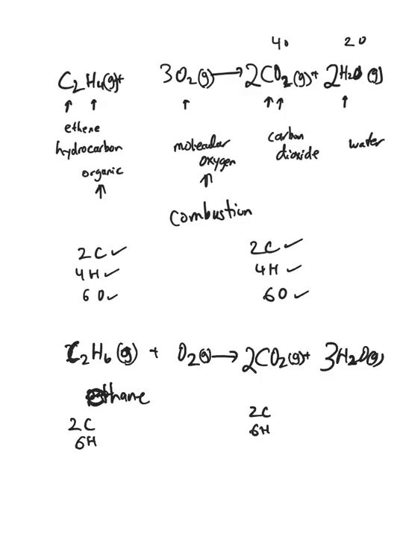I've got 2 oxygens on the reactant side. On the product side, I've got 2 times 2 or 4 oxygens in the carbon dioxide and 3 oxygens from the water. That gives me 7 oxygens. So I'm not balanced.